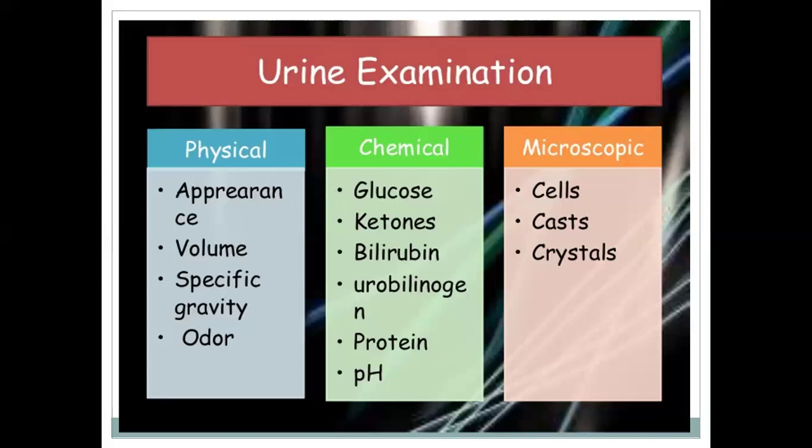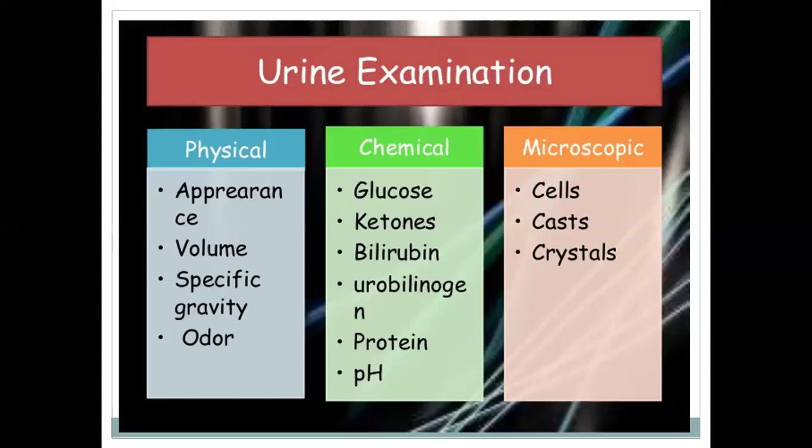Then, as far as the chemical examination is concerned, we examine the presence of glucose, ketone bodies, bilirubin, urobilinogens, proteins, and the pH in the urine. As you know, normal blood glucose level is kept within the normal range of 60 to 100 milligrams in the fasting state. After a meal, when glucose is absorbed from the intestine, blood glucose level starts rising and reaches maximum within 1 hour.